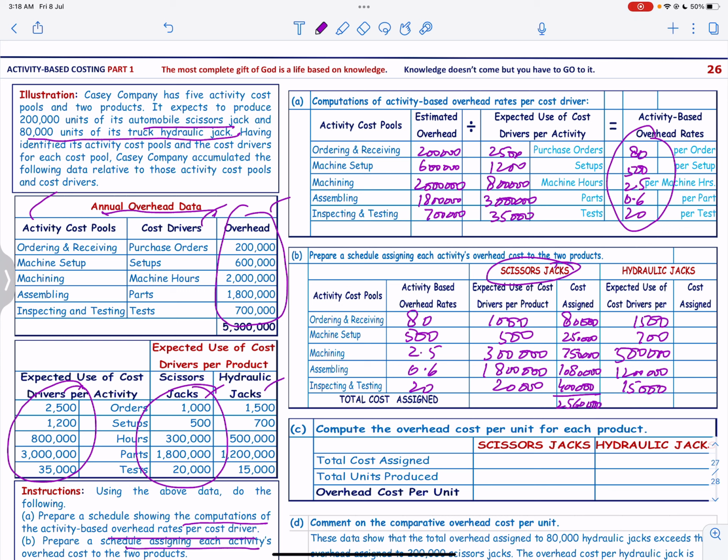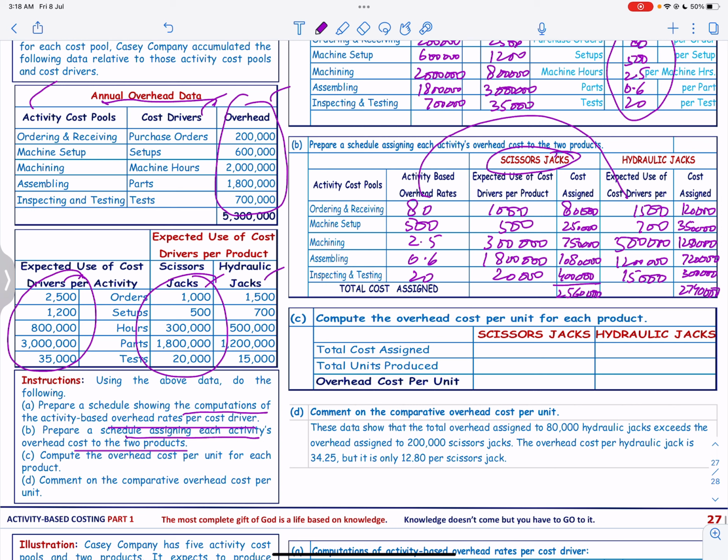So the cost assigned will be activity multiplied by the rate, that will be 120,000, 350,000, 1,250,000, 720,000, 300,000, and the total will be 2,740,000.